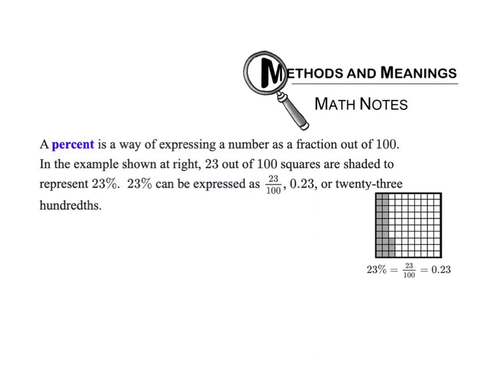In the example shown at right, 23 out of 100 squares are shaded to represent 23%. 23% can be expressed as 23 out of 100 or 23 hundredths written as a decimal or with words, 23 hundredths.